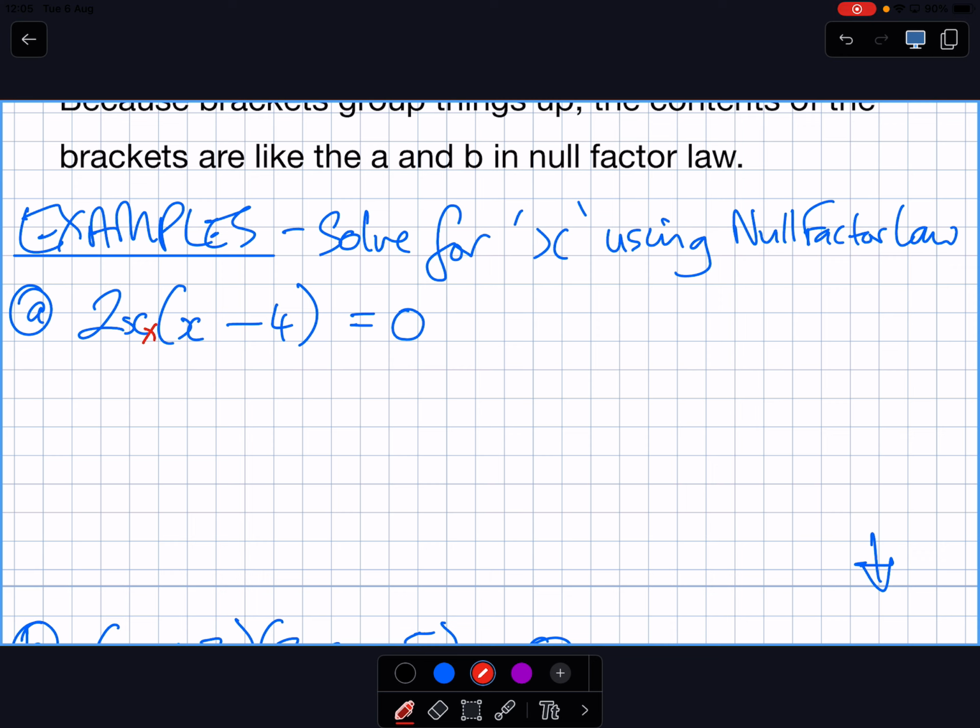I just gave you a rule that says if a times b equals 0, either a could be 0 or b could be 0. What's my a in this? 2x. So the way that you would write your working out would be, 2x could be 0.